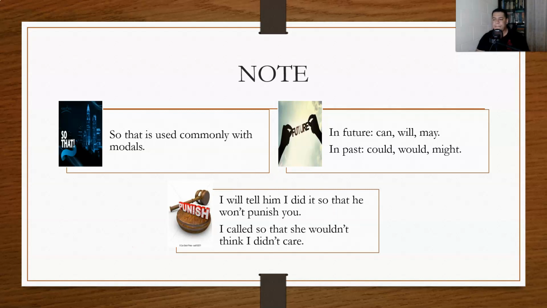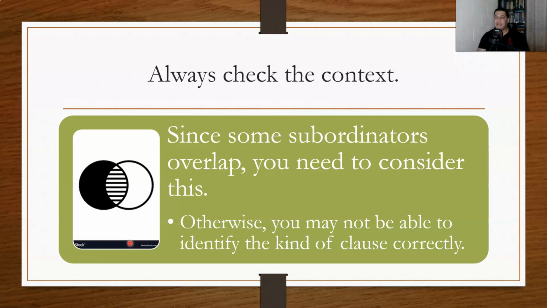And I need you to consider always the context, people. You always need to check the context because some subordinators overlap. Remember in the previous video I told you this, some subordinators overlap, and you need to consider the context because otherwise you may not be able to identify the kind of clause correctly.